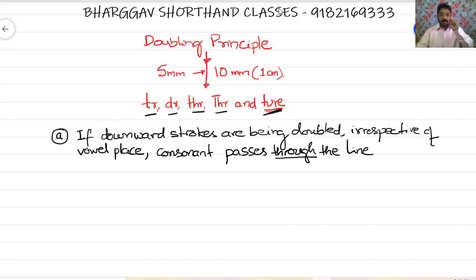Why? Because between any two lines on the page, the gap is 9 mm, not even 1 centimeter. But when doubling, it is taking 1 centimeter. So automatically, even if it is initial vowel, stroke passes through the line.